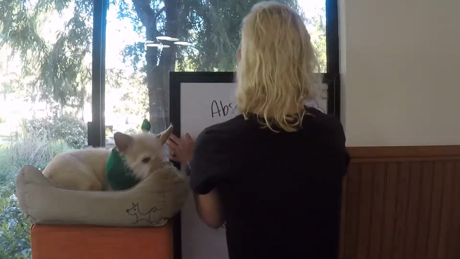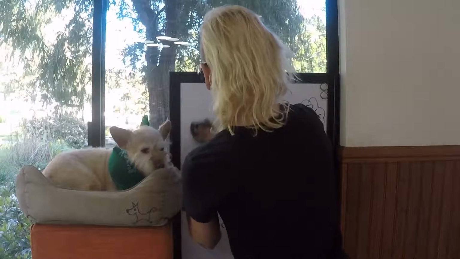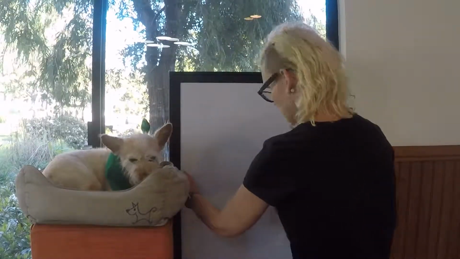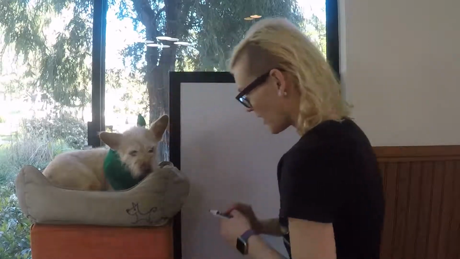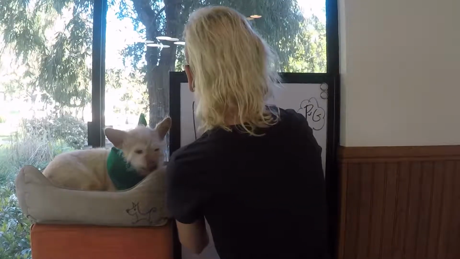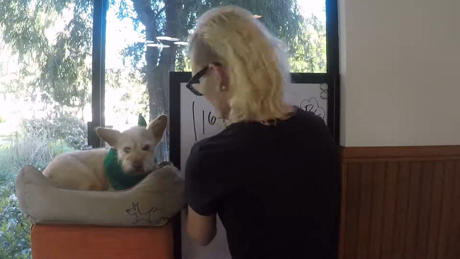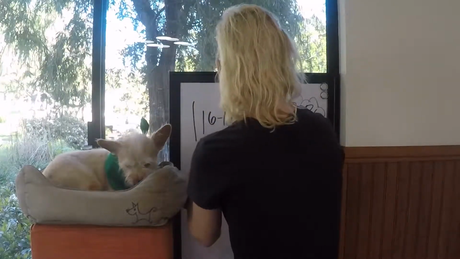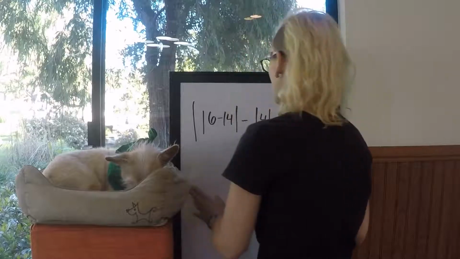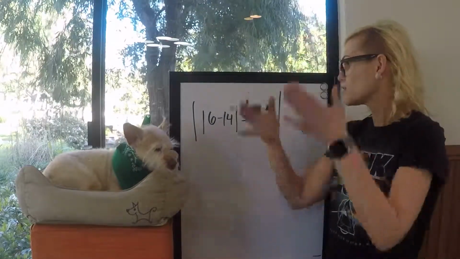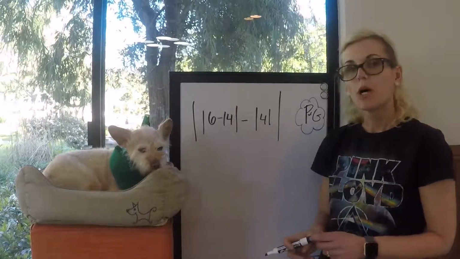Okay, the first problem we have is 6 minus 14 minus... Okay, the first thing to notice is they're not parentheses, they're straight absolute value bars.